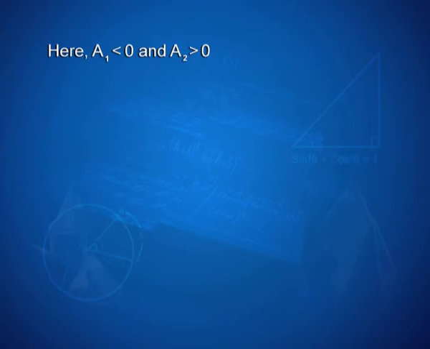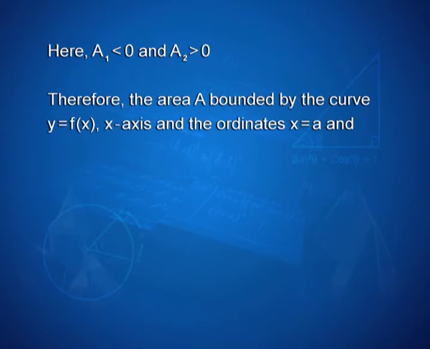Here A1 is less than 0 and A2 is greater than 0. Therefore, the area A bounded by the curve y = f(x), x axis and the ordinates x = a and x = b is given by A = modulus of A1 plus A2.